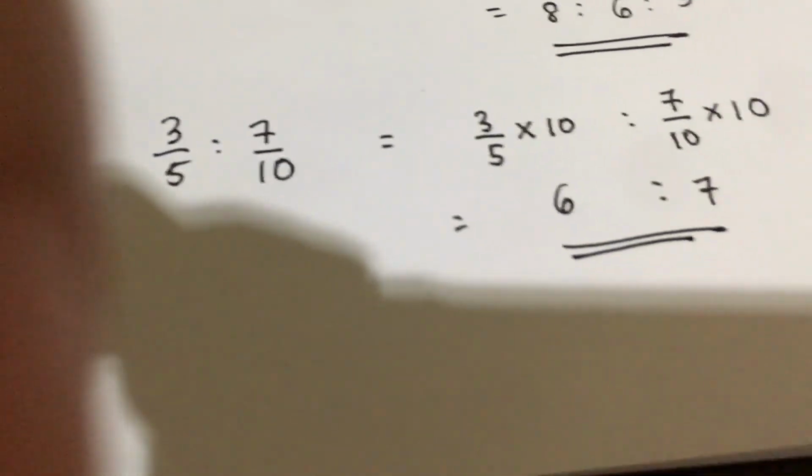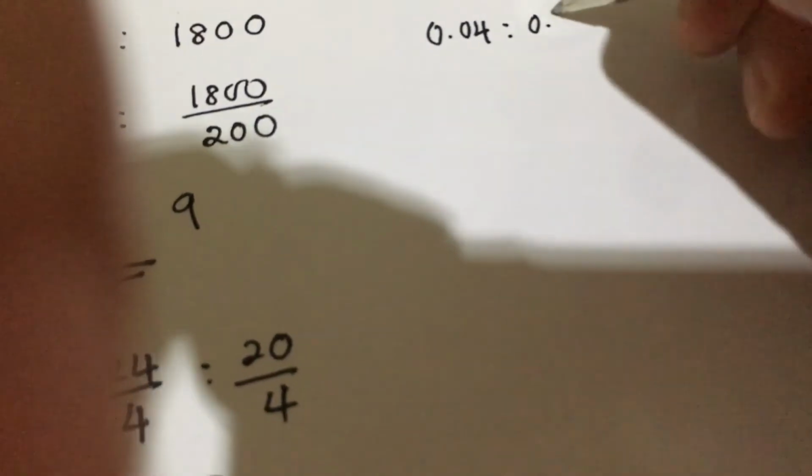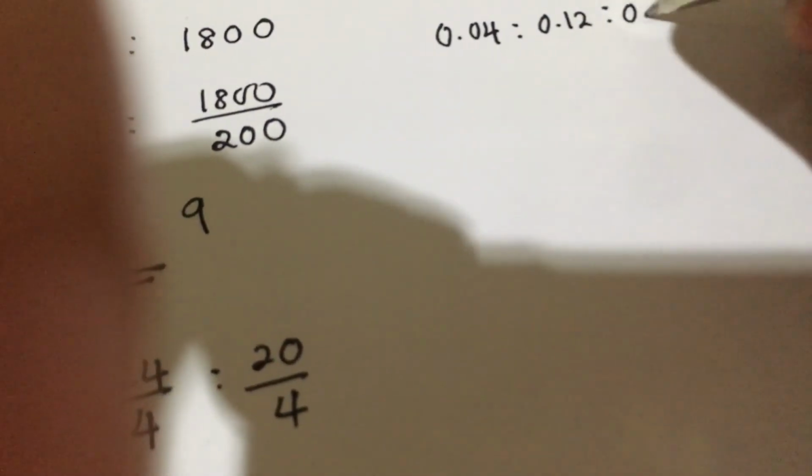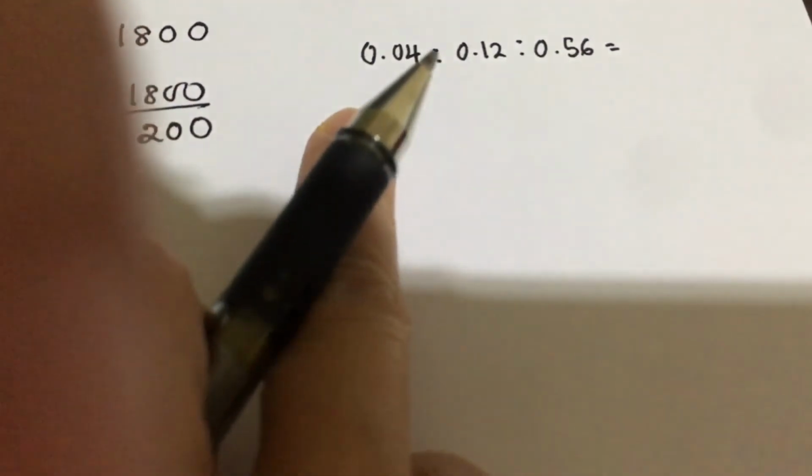Now for example, you have 0.04 to 0.12 to 0.56. All of them are decimals.